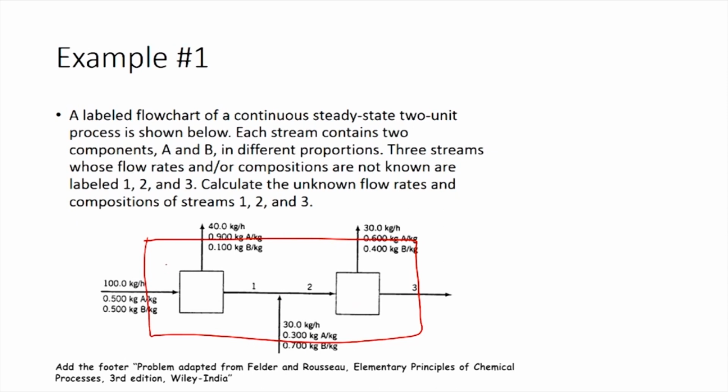Or you could consider only unit 1, only the mixing point and only unit 2. You could also have combinations of unit 1 and the mixing point, or the mixing point and unit 2, and so on. So, now that we have the possible systems, we will start with the overall system. That would be the easiest and most efficient way to solve such a problem.